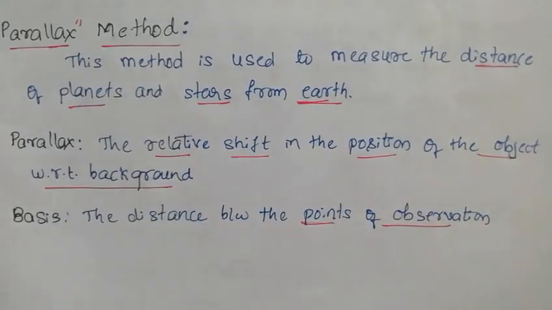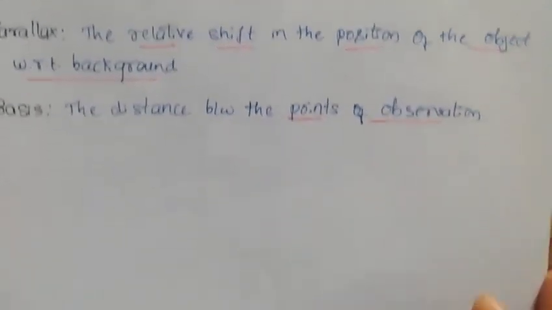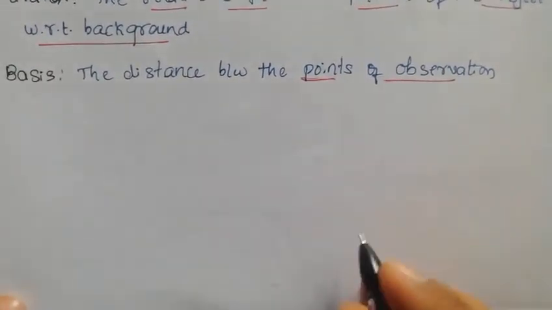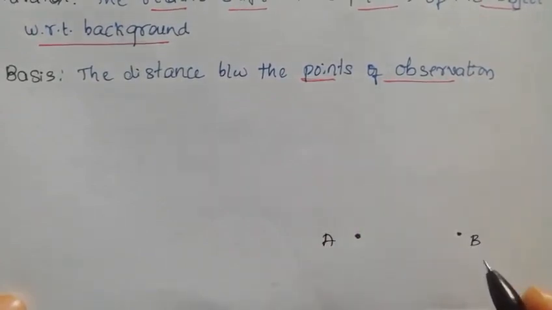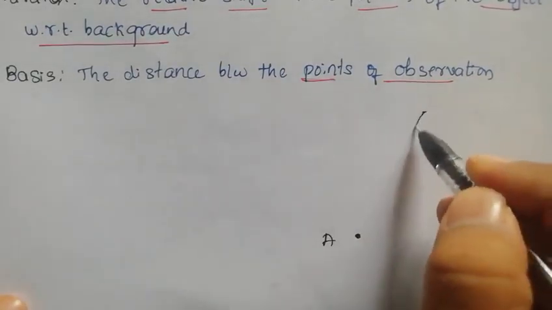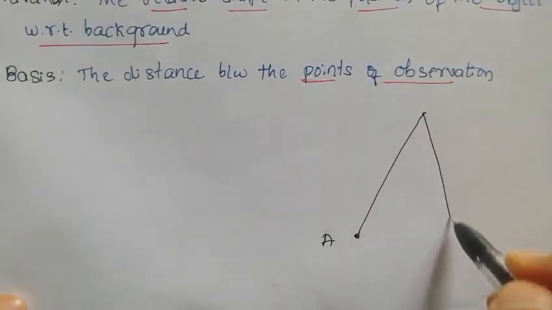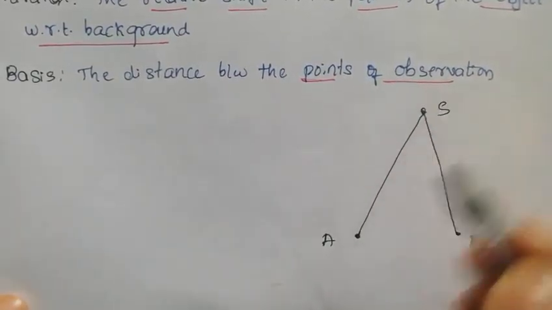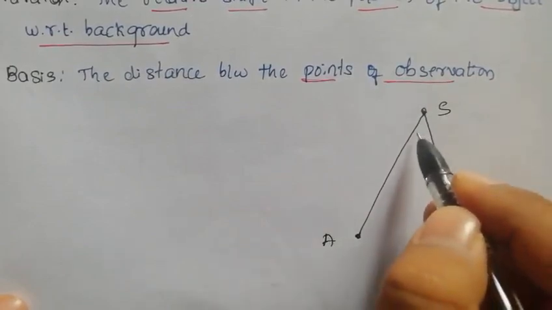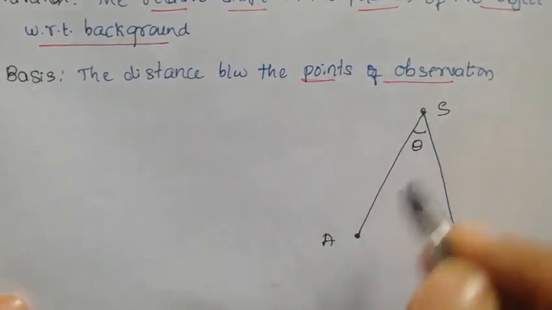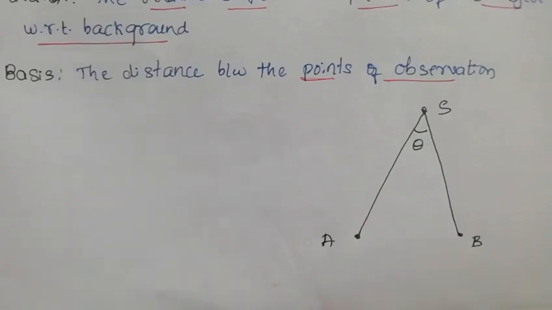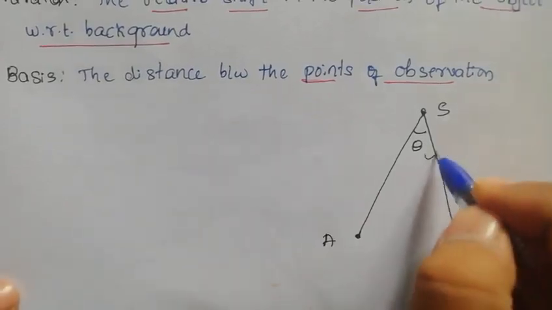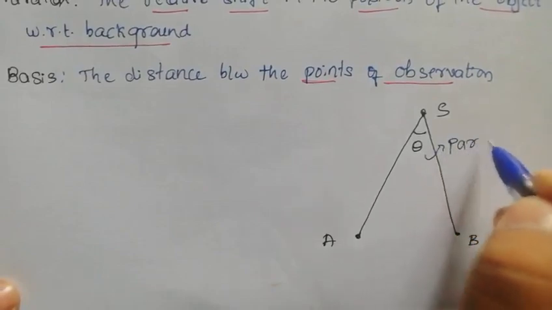If I draw a small diagram for this, look here. From this point and this point, let me call them A and B, I'm going to observe a star here, let me call it S, and this angle is theta. This angle is what we call the parallactic angle.